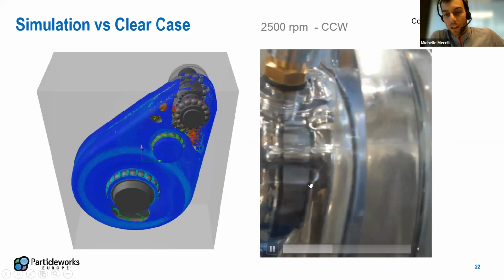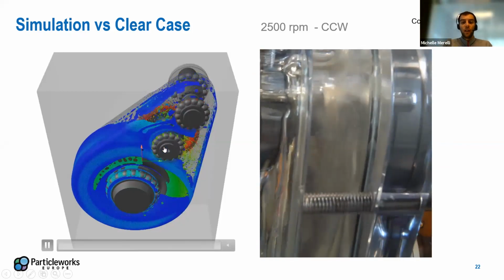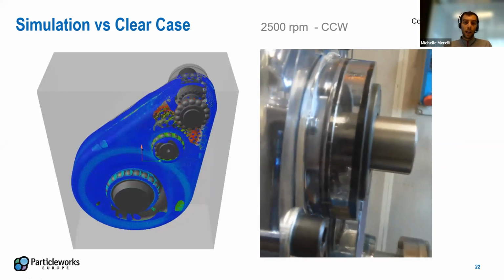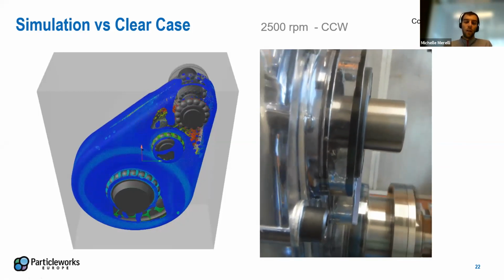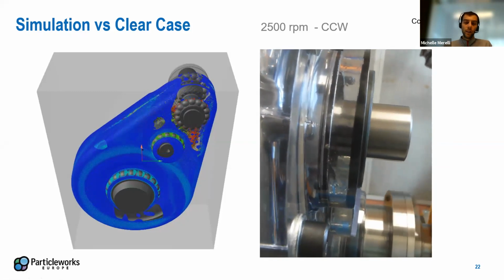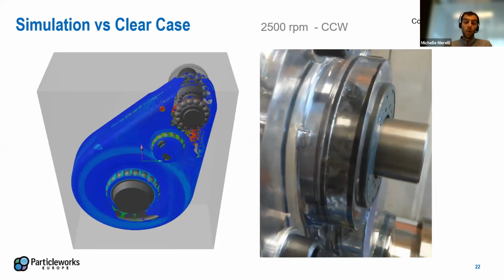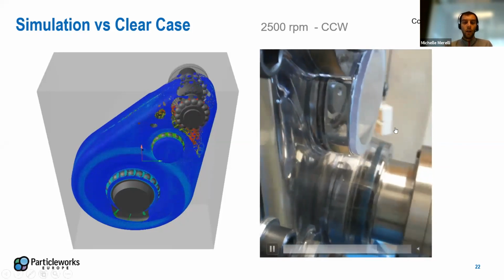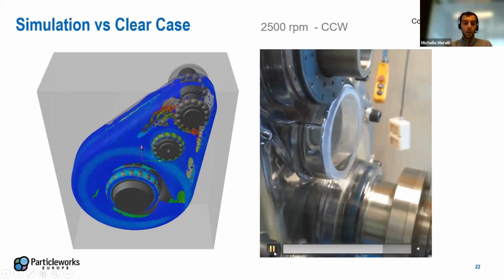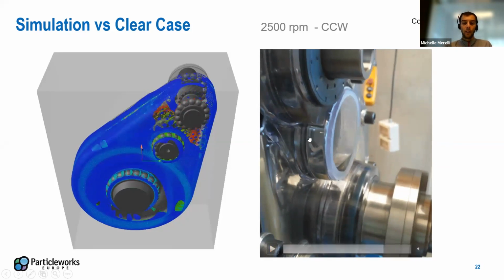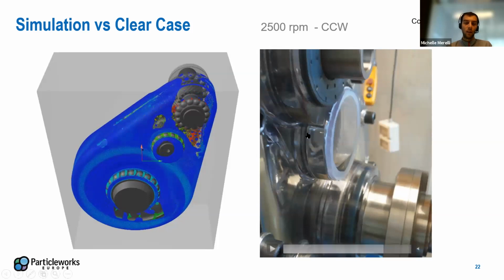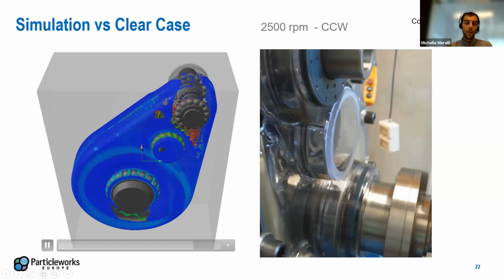And of course, the advantage of using simulation instead of a clear case is that first, you can create a virtual prototype at significantly lower costs. You can get information that you don't have access to with the clear case because you cannot inspect internally, for instance, and you cannot extract very accurate oil measurements, or not easily at least.